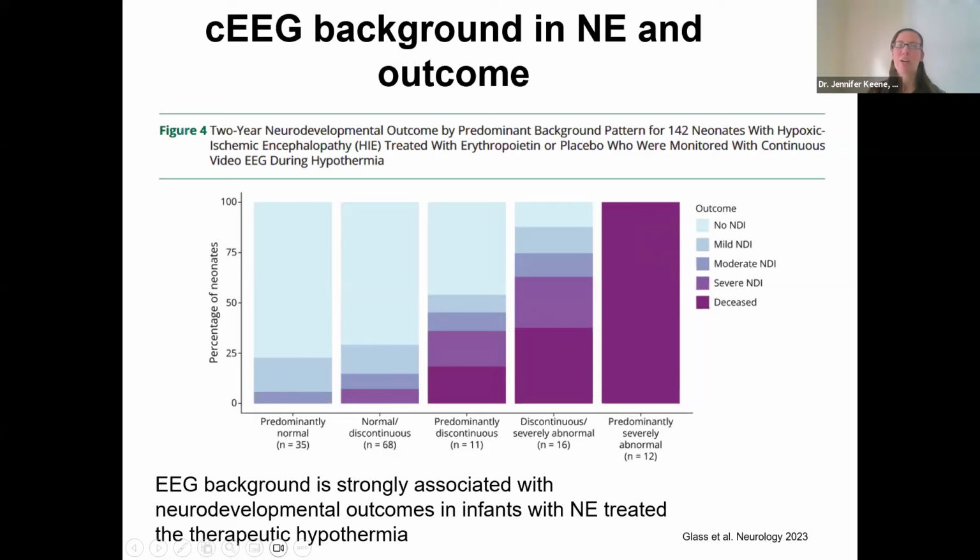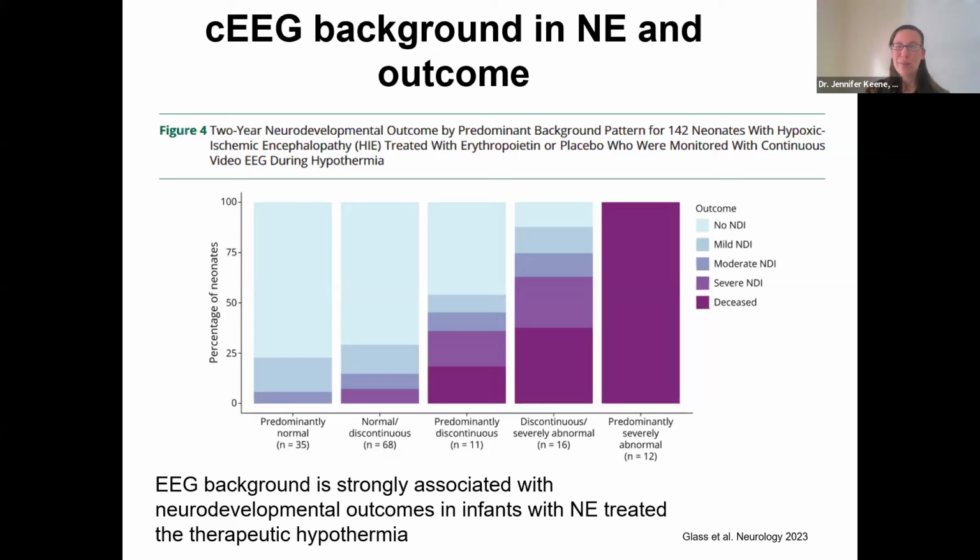So we know that EEG background is strongly associated with neurodevelopmental outcomes in infants with neonatal encephalopathy. But we also know that it is challenging to get a consistent manual grading of that background.